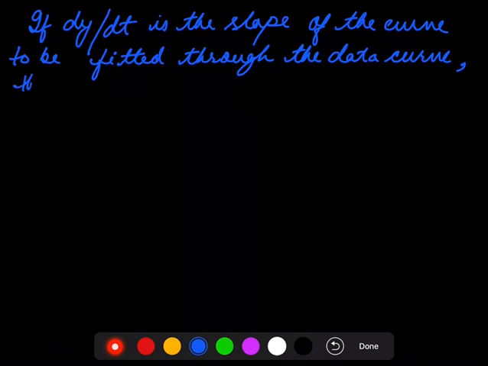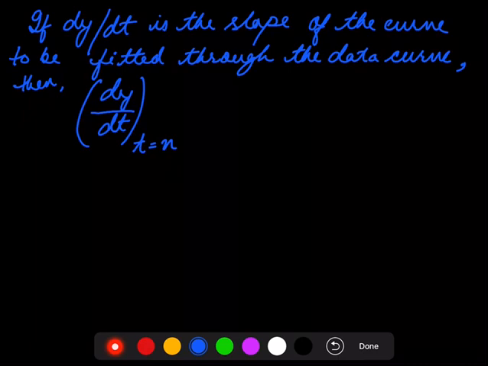then dy by dt at t equals to n will be given by k dash l naught y n.